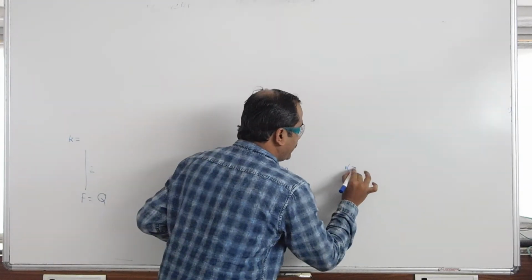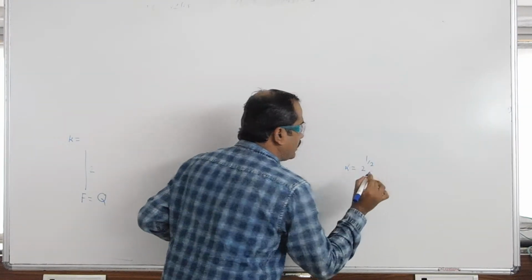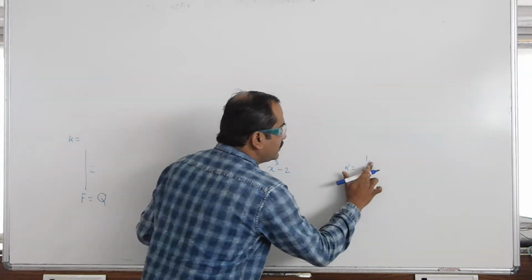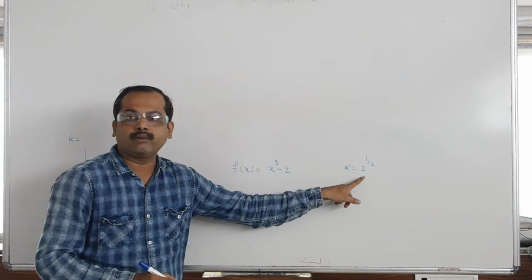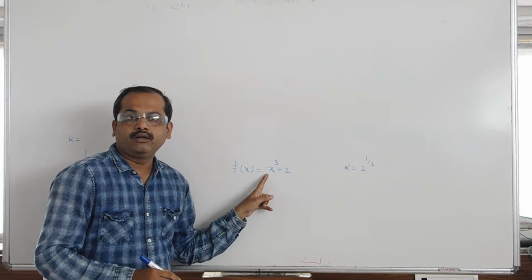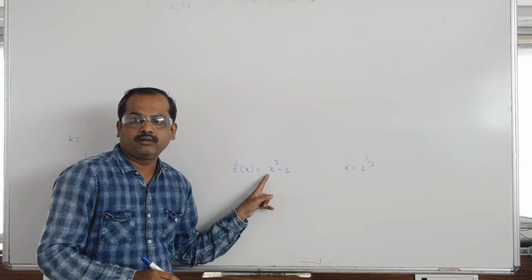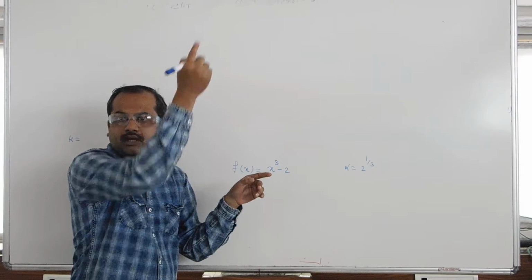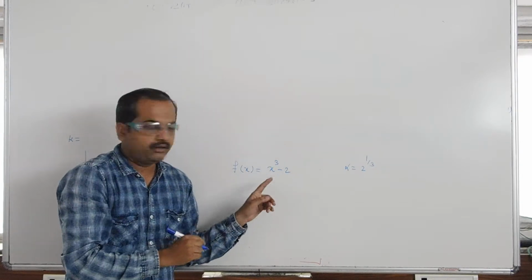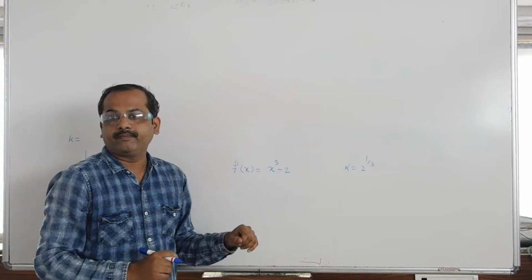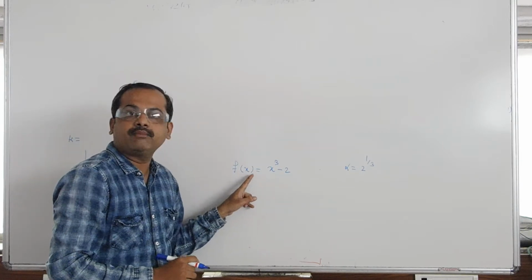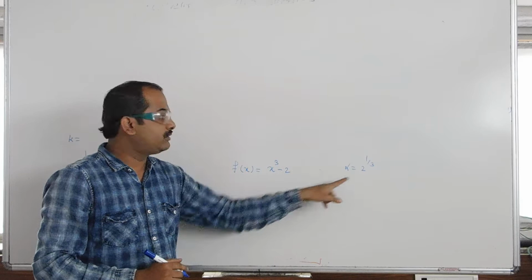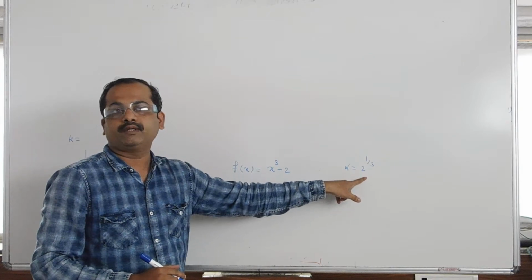See, for example, if I put alpha equal to 2 raised to 1 upon 3 in this polynomial, what is the answer? 2 raised to 1 upon 3 raised to 3, the 3 gets cancelled, 2 minus 2 is 0. So f of 2 raised to 1 upon 3 becomes 0. So the first root is 2 raised to 1 upon 3, alpha 1.